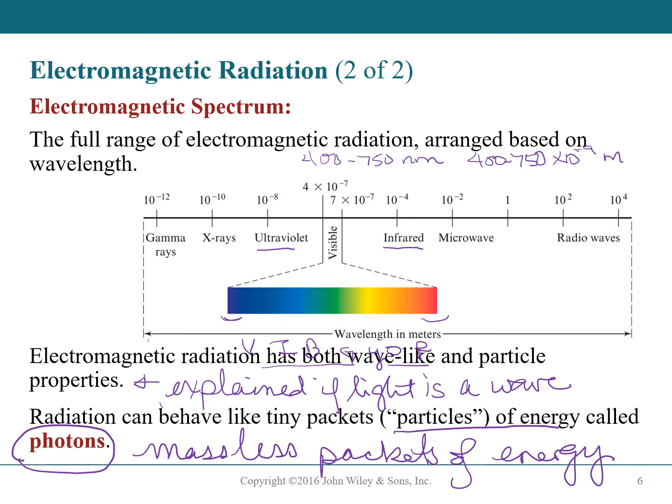Okay, now before we move on, when we talk about radio waves to gamma rays, this is from stars and nuclear reactions. And they're very, very lethal. X-rays, we do this.